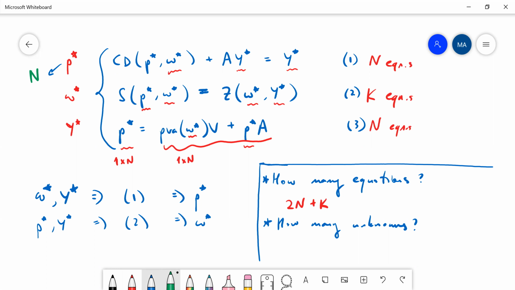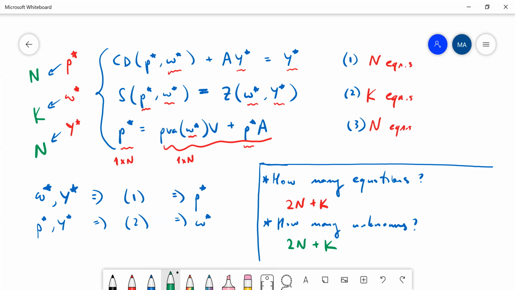And then we have k different factor prices and n different output levels. So same number of equations, same number of unknowns, you have a square system. Now, how do you solve it?